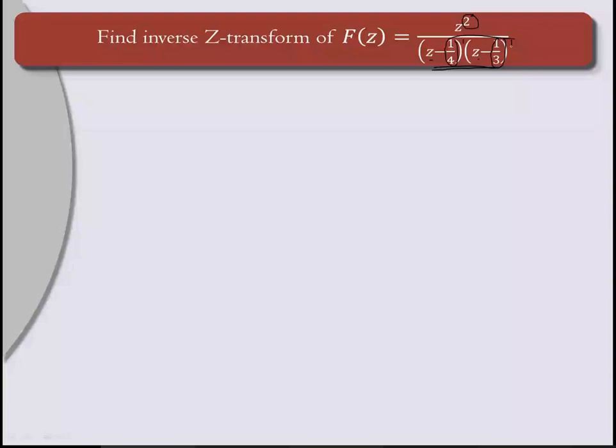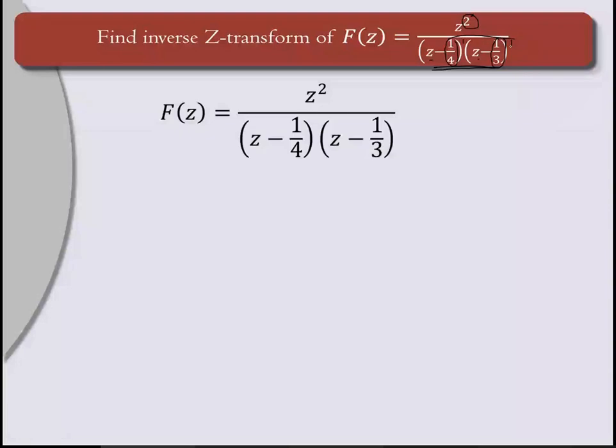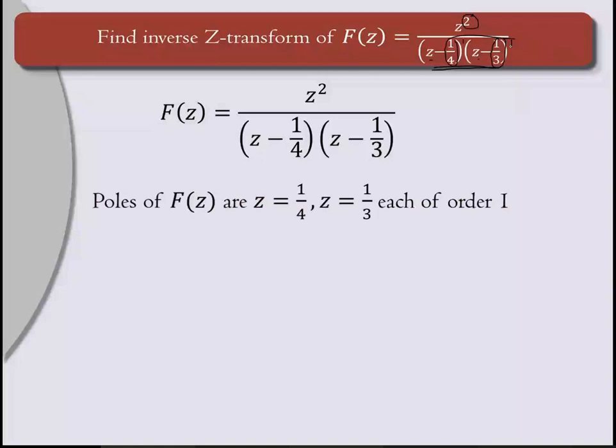So there are two poles, z equal to 1 by 4 and z equal to 1 by 3, and both are of order 1 because the power is 1. It is not repeated; it is appearing a single time. n is 1 for both these poles.